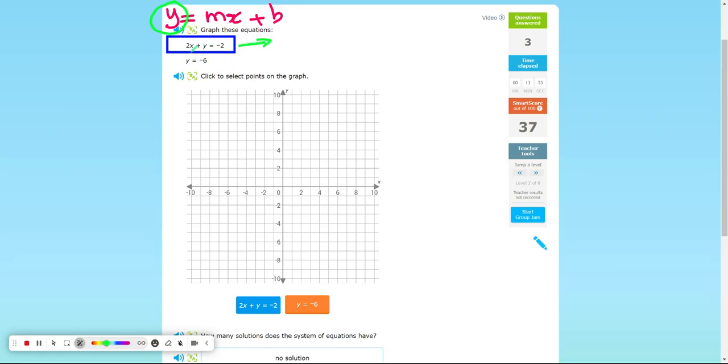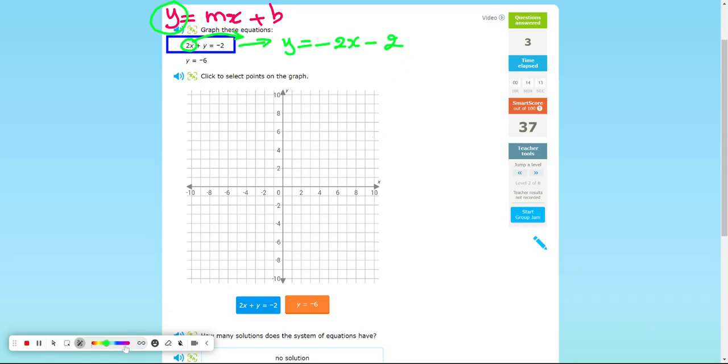Let's do that. If you want to keep the y, you don't want the 2x, so I would move the 2x to the right side. The 2x from the left goes to the right side and becomes negative 2x, and then negative 2 is already on the right side. That's it. Now we have the slope-intercept form.